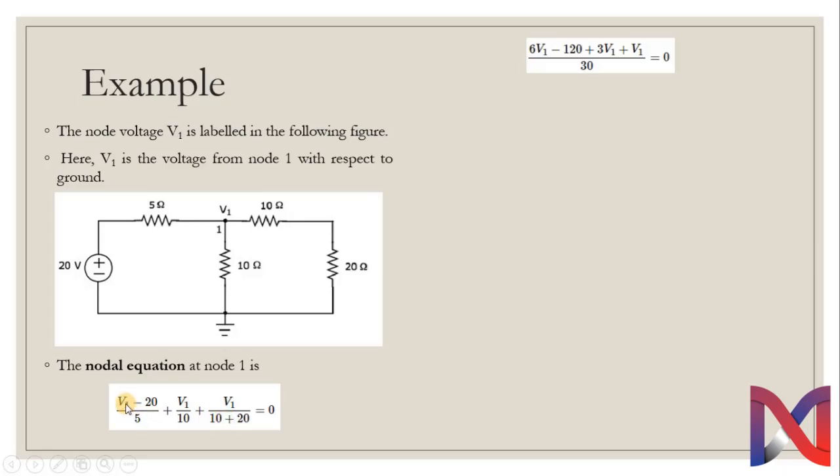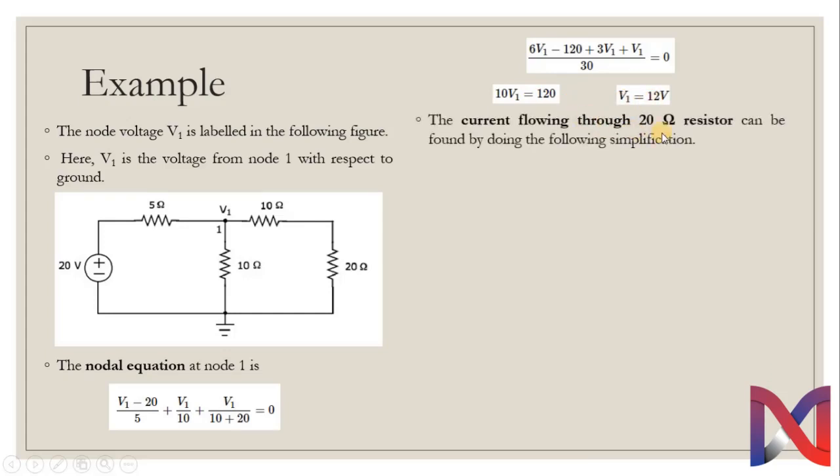So we get 6V1 minus 120 volts, 3V1 and V1 respectively. So we will move 30 to the right hand side and it will become 0. So we get the equation as 10V1 is equal to 120. So we get the voltage at node V1 to be 12 volt.